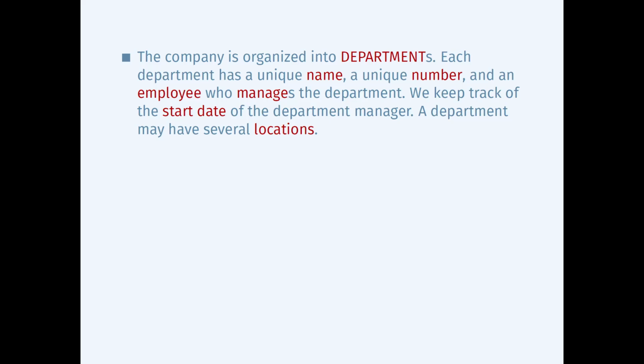We keep track of the start date of the department manager, and department may have several locations. So basically, you can notice that I have highlighted in red color and capitals the department. So basically, this is the entity, main thing we are describing, and these are the piece of data which is very interesting, right?